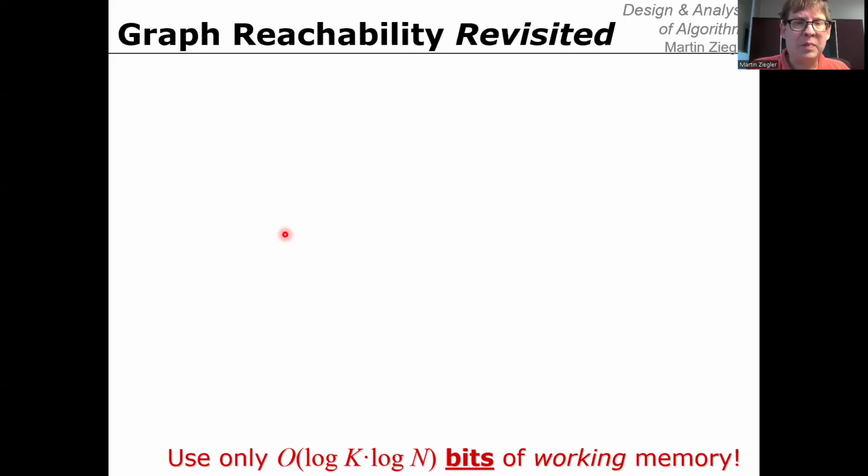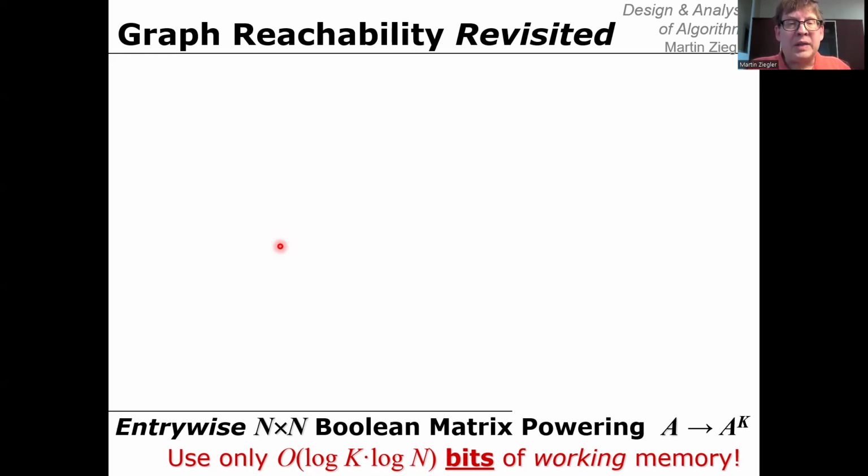So let me start the screen sharing with a slide recalling this memory-efficient algorithm using only log k times log n bits of working memory when the input Boolean matrix is not considered to use working memory, and when the result is not the entire matrix, but any desired entry, what we call entry-wise n times n Boolean matrix powering.